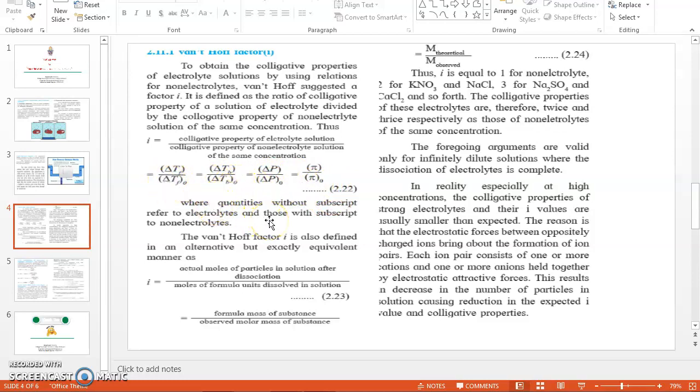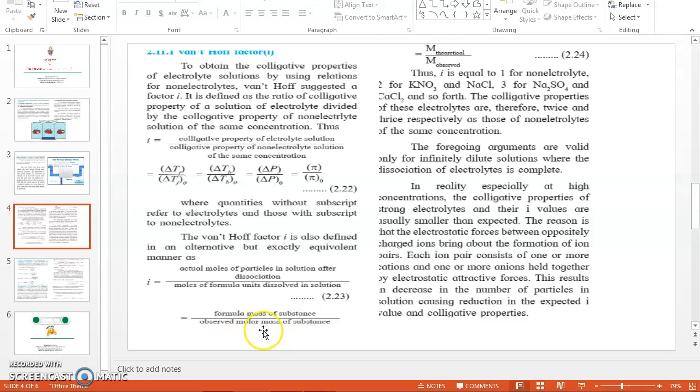Quantities without subscript refer to the electrolyte solution while those with subscript zero refer to the non-electrolyte solution. Secondly, we can also define the van't Hoff factor as i equal to the actual moles of particles in solution after dissociation divided by the moles of formula units dissolved into the solution.